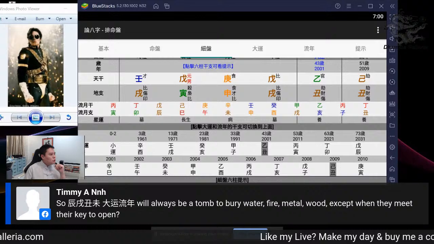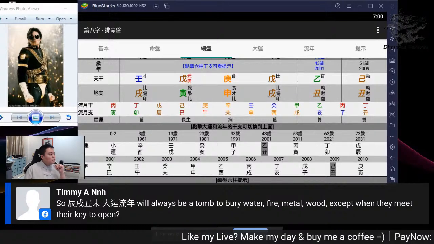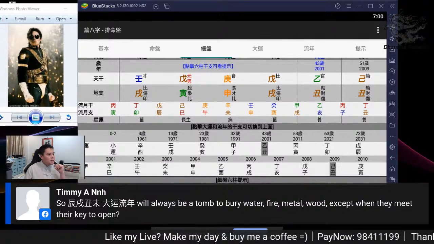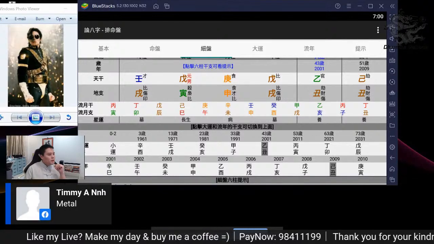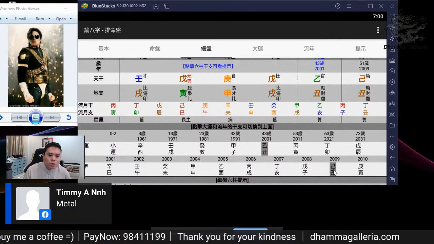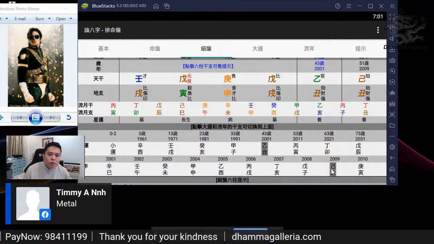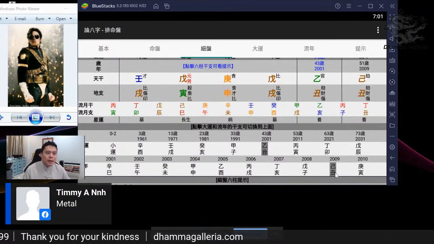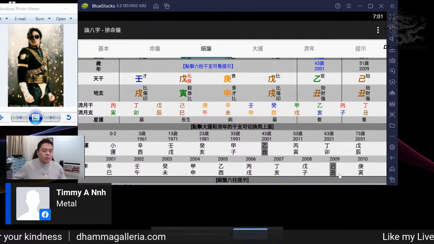The 辰戌丑未 are the tomb or barrier for all these elements. And he has answered correctly. Timmy, you answered correctly. This Chou is the tomb. 就是墓啊，入墓啊，就是那一年呢进入墓嘛。Because Michael Jackson needed the metal elemental energy, right?